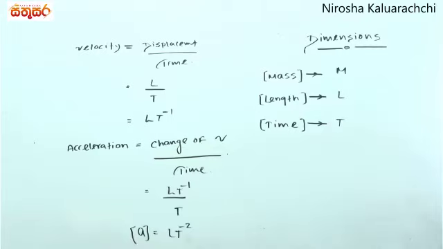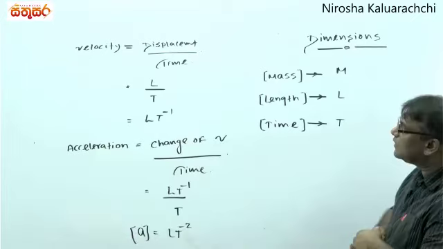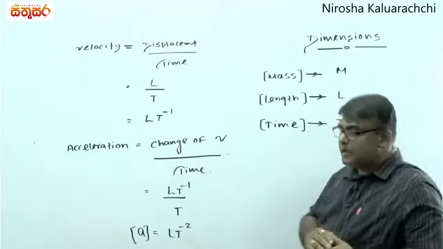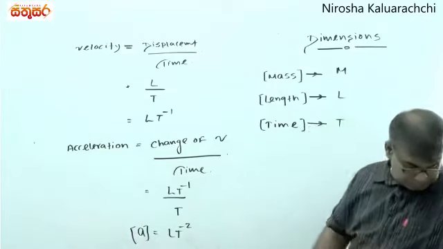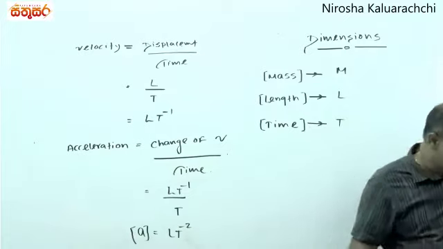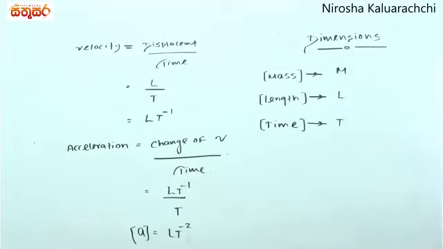Arrangement of the basic physical quantities in a given physical quantity is called dimensions. Okay.